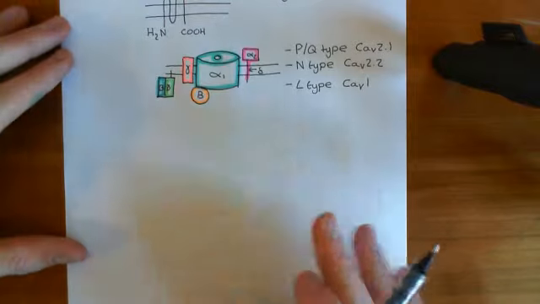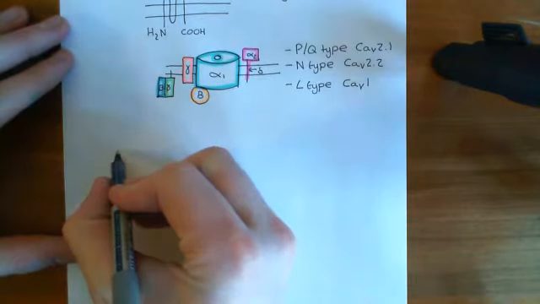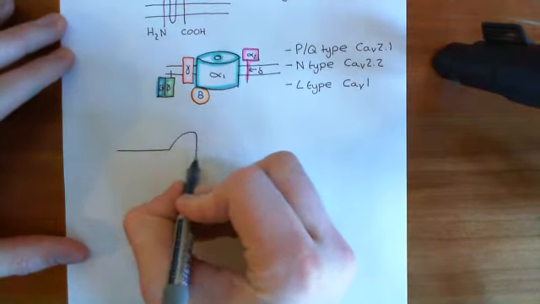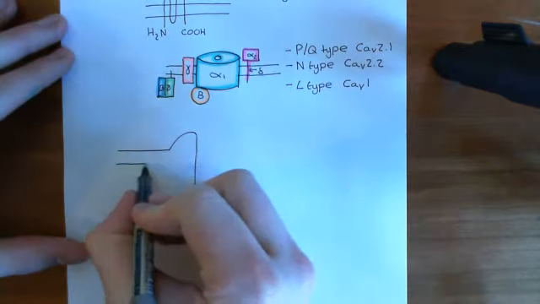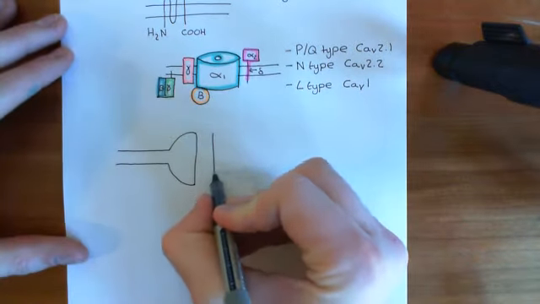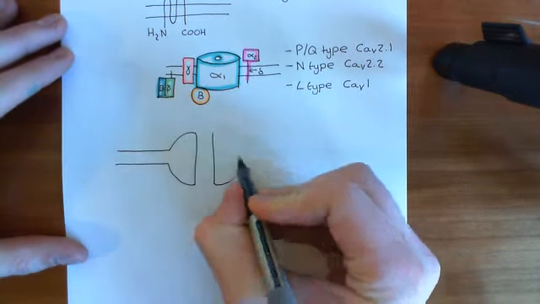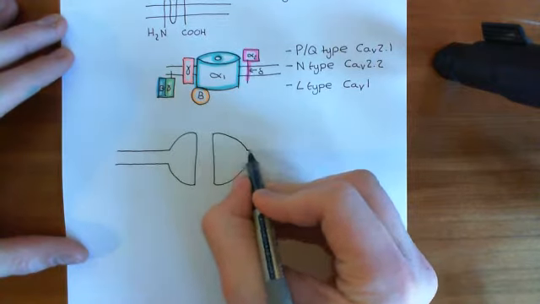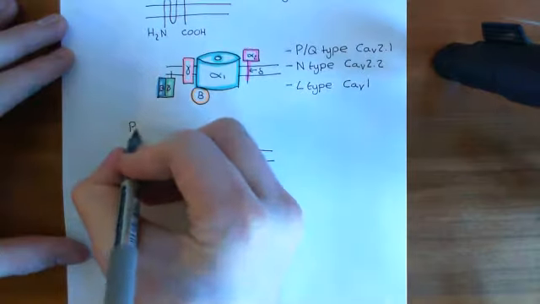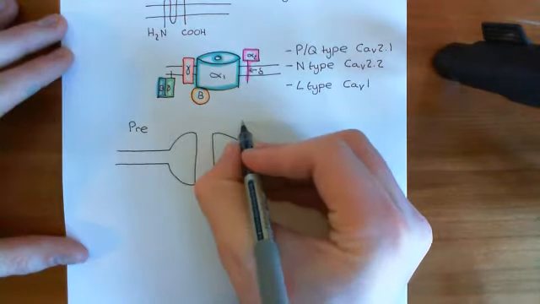Let's just have a little bit of a reminder about how neurotransmission occurs between one neuron and the next. Here we have an axon terminal, and then we'll have the dendritic spine, potentially, of the postsynaptic neuron. So here's the presynaptic neuron, and here's the postsynaptic neuron.